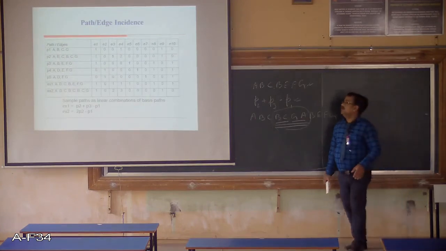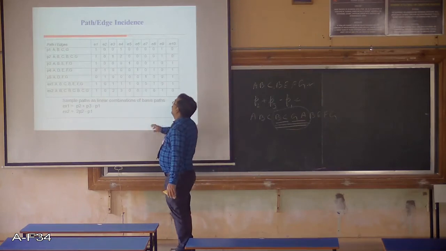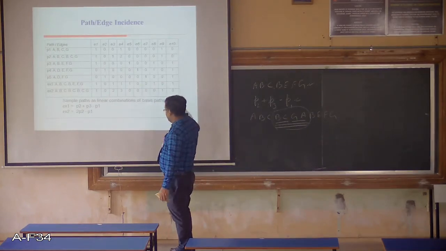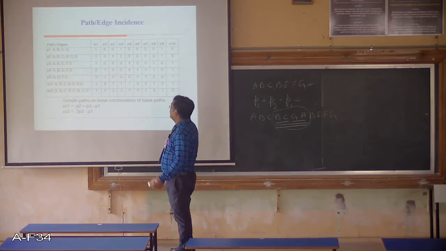So for this path incidence, we can create a table. You can say path table, and we can see which nodes are incident in how many numbers. Okay, that is the out degree, in degree.